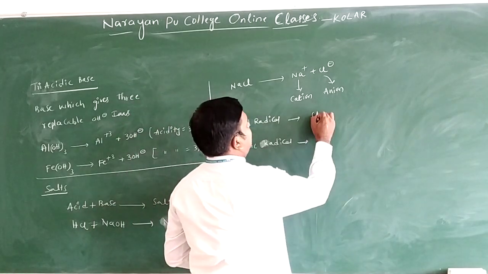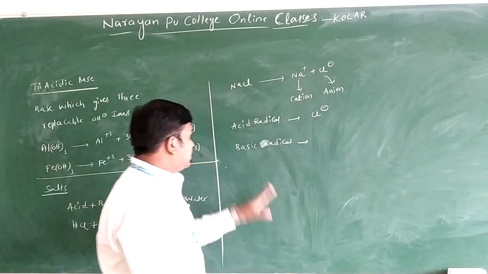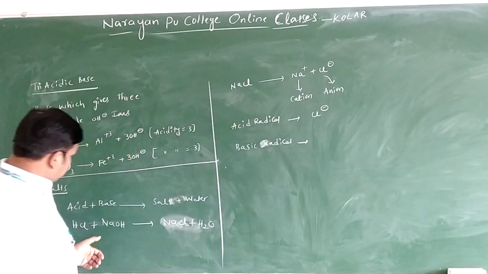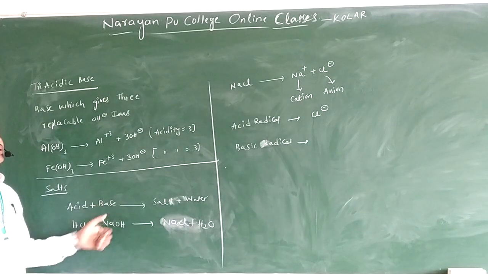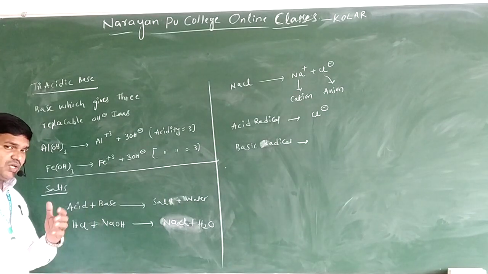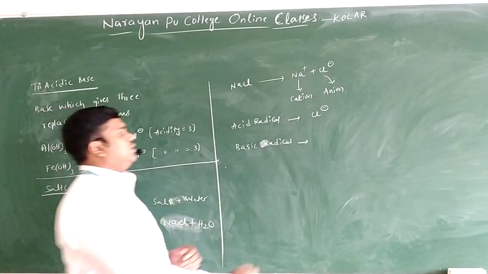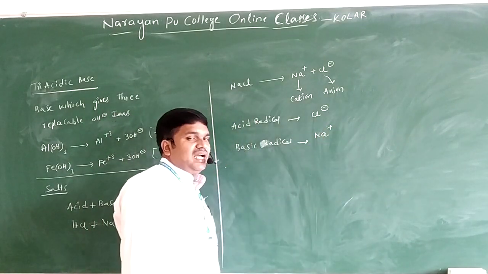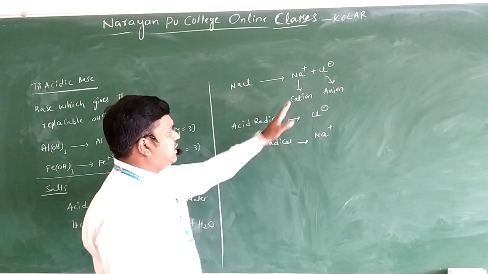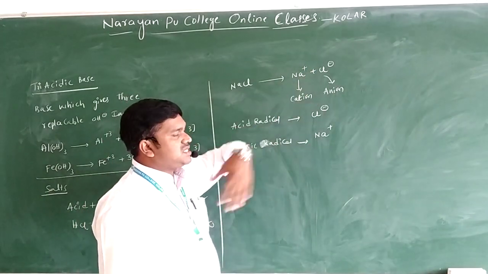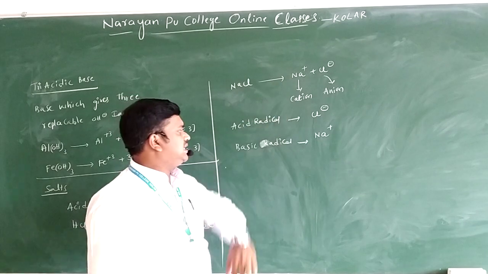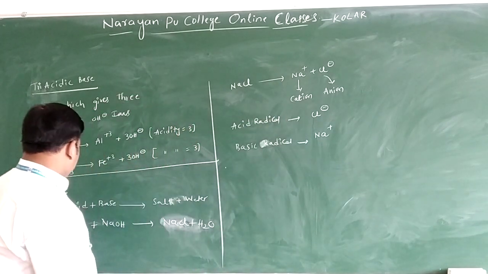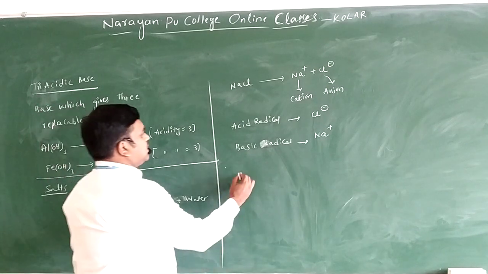The basic radical is the radical which comes from the base. Here NaOH is the base. NaOH dissociates to give Na plus and OH minus ions. So Na plus is the basic radical. The cation is Na plus, the anion is Cl minus, the acid radical is Cl minus, and the basic radical is Na plus.